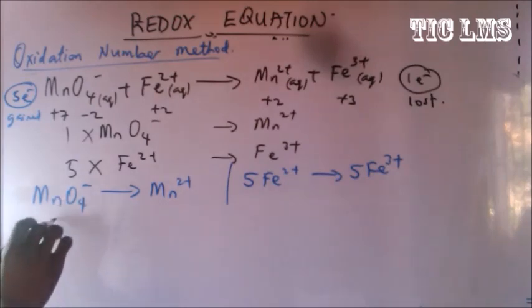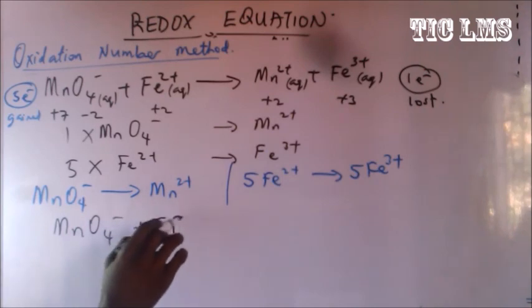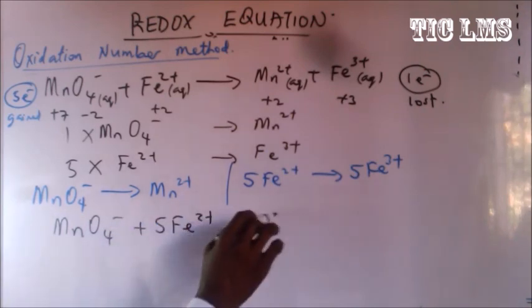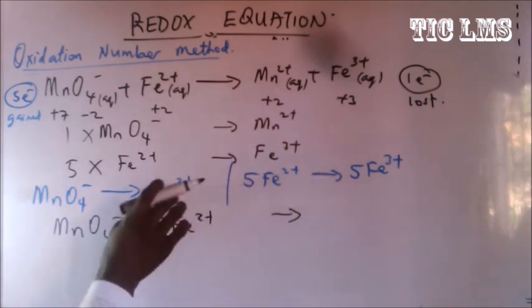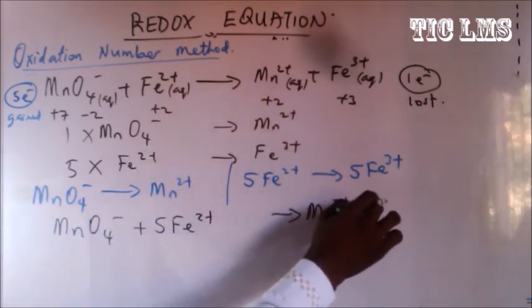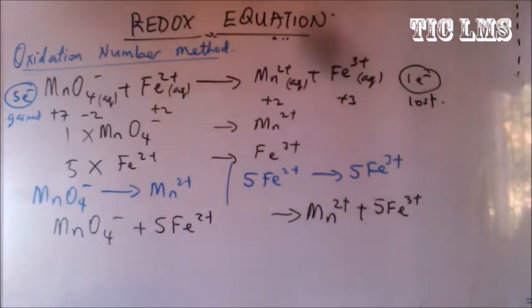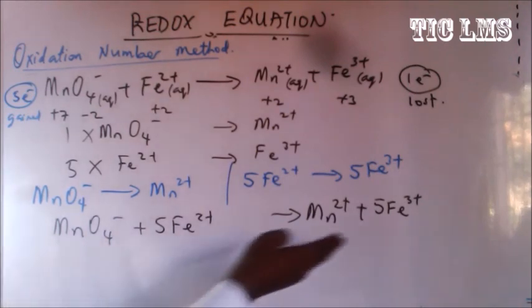This is the reactant, so we have MnO4⁻ plus 5 Fe²⁺, and then we have, on the product side, Mn²⁺ plus 5 Fe³⁺. We have 4 atoms of oxygen here, but we do not have here.